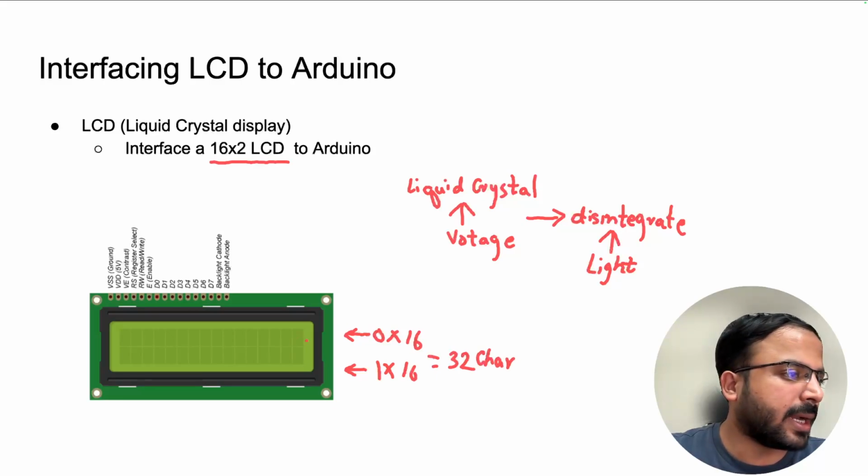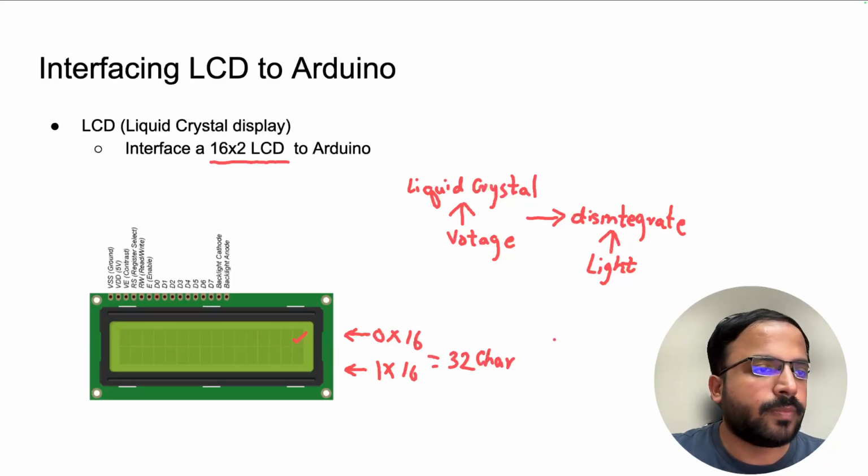So this is one character, a box. If you zoom in, you will see this is one box. Now this one character is made up of 5 cross 8 pixels. If you zoom in again, you will see small boxes.